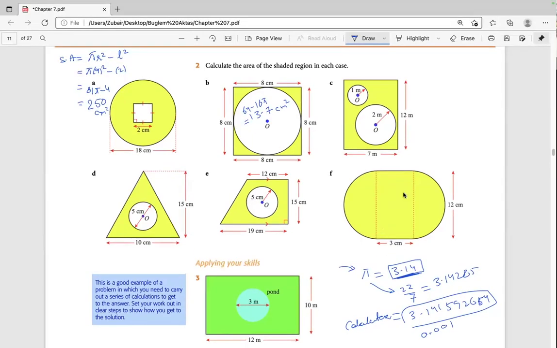Okay, so let's try E part. So 285 minus 25 pi.